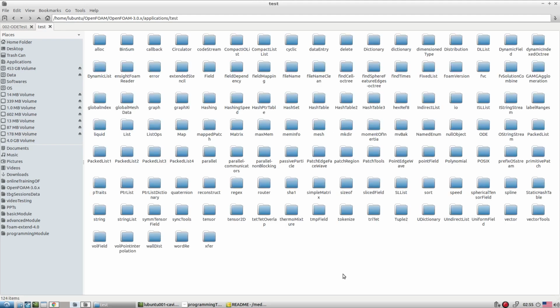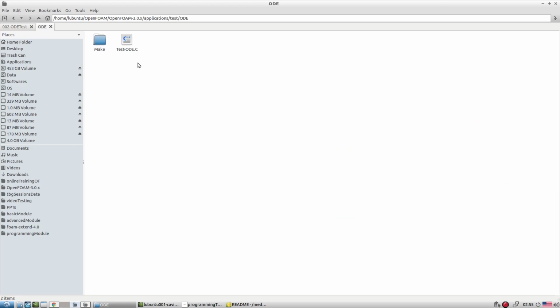Inside the test folder, you will see a few very nicely written small codes that allow you to test simple subroutines, and inside it you will see this ODE. ODE is a very simple way to define or develop our new solver to solve the ordinary differential equation. So I am adapting this ODE test from this area to our area.